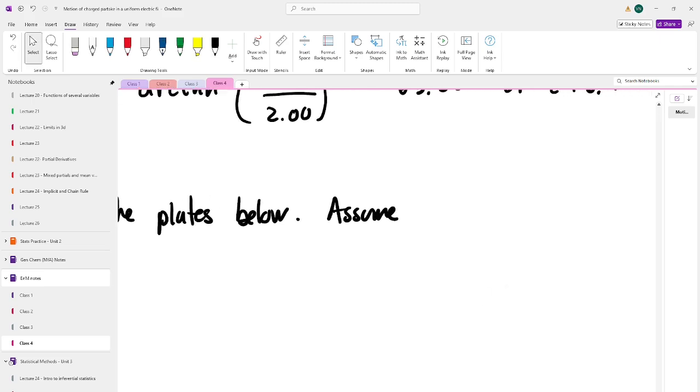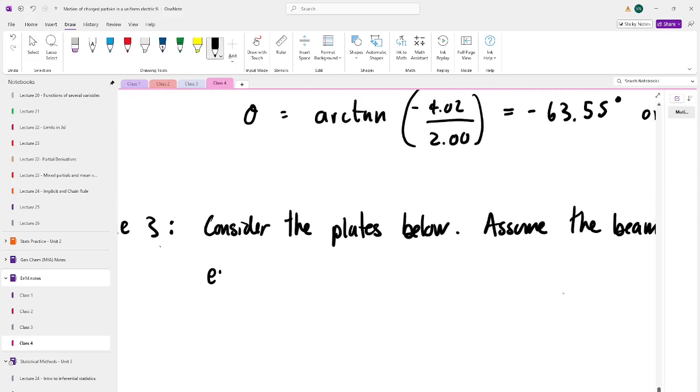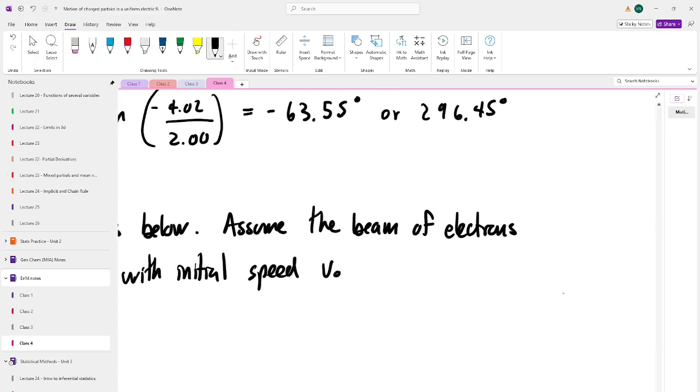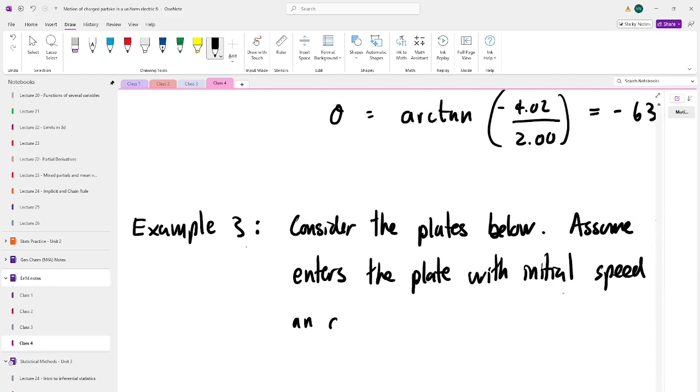Assume the beam of electrons enters the plate with initial speed v0 equals 4.0 times 10 to the 6 meters per second at an angle of 35 degrees.